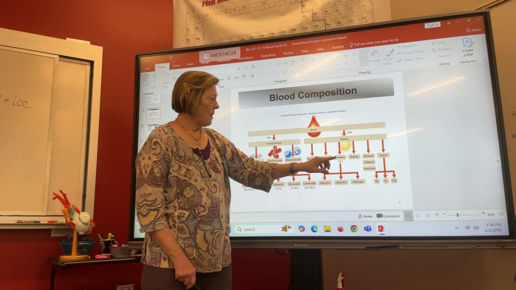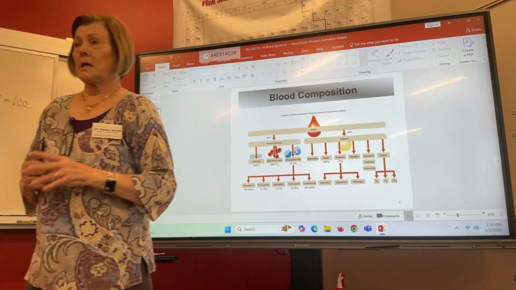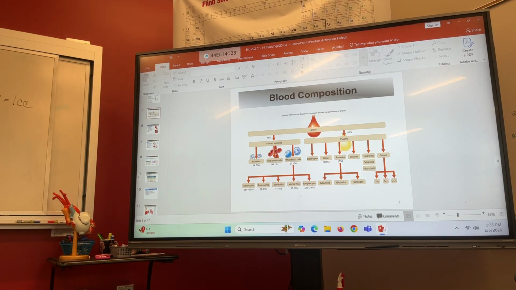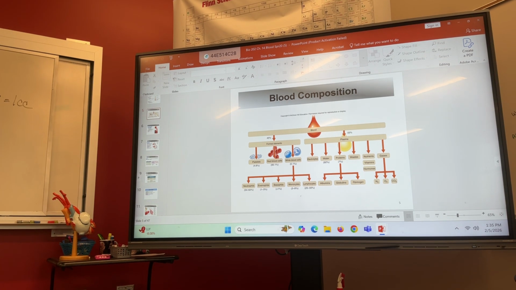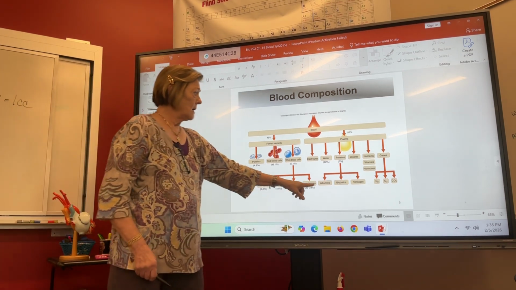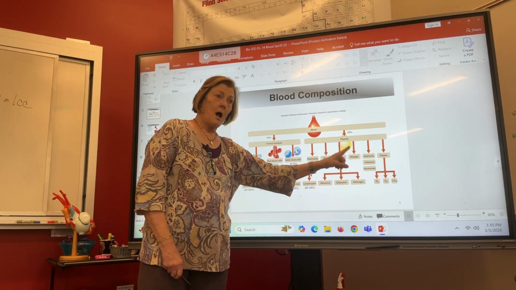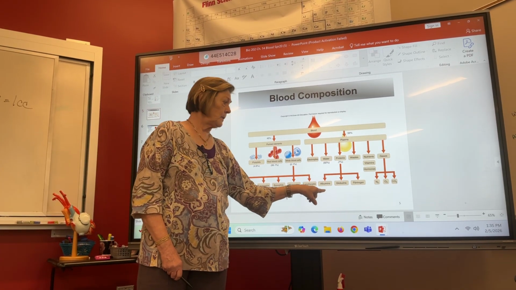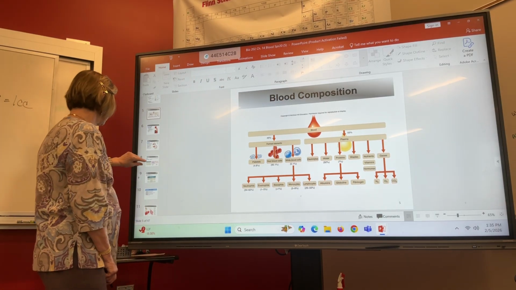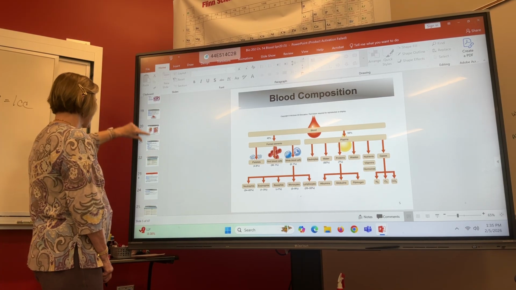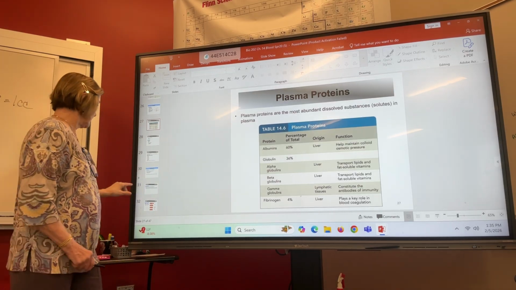So now, we're right here, floating around in your plasma. You have proteins. You have three types of proteins. They are albumin, globulins, and fibrinogen. So here's where we are. Underneath this, on your study resource, I want you to write some things here that I'm going to tell you. So, three types.